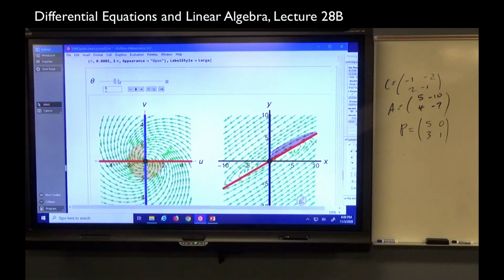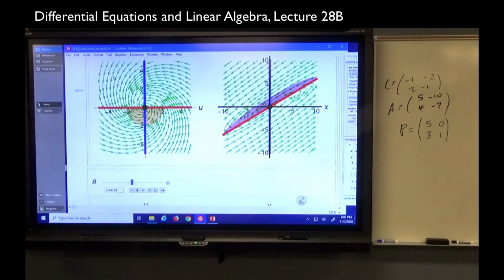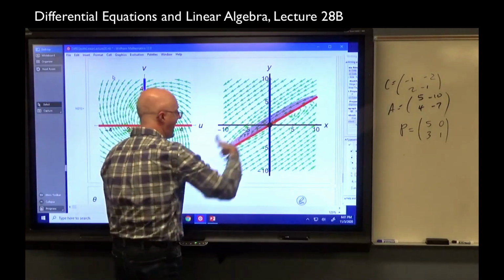Continue letting theta increase. Let it increase up to, say, pi. Now the half disk that's disappeared over on the left has been mapped to this half ellipse.